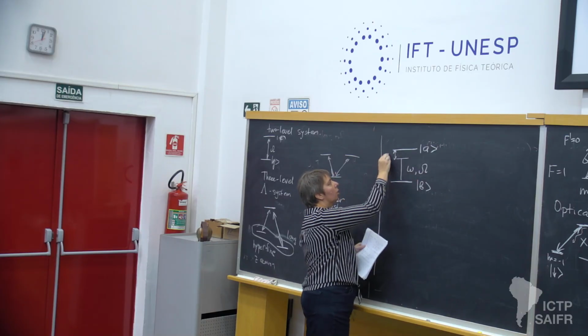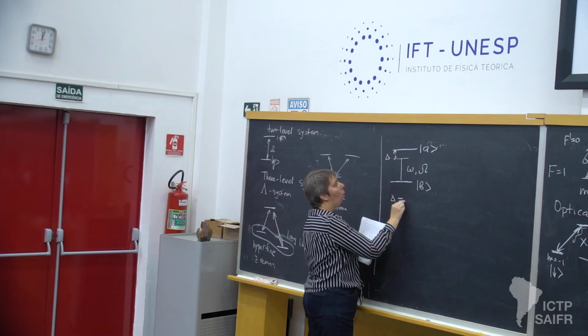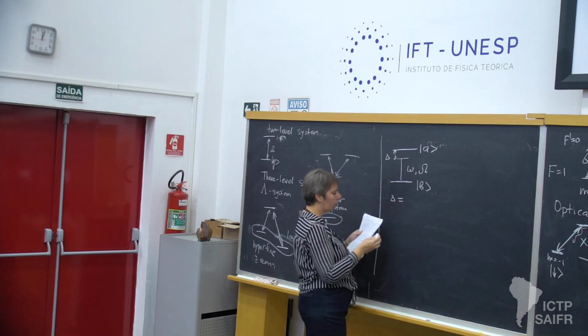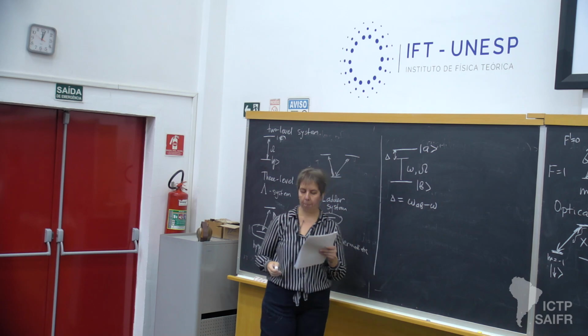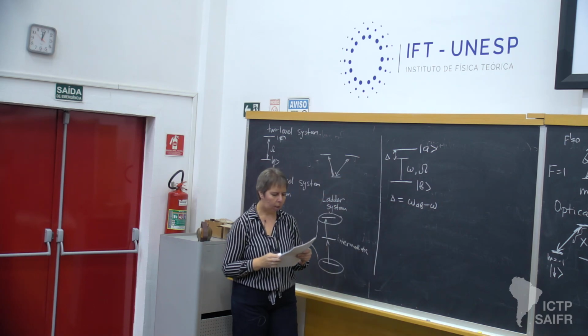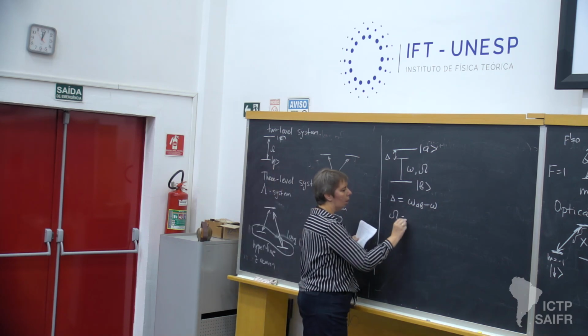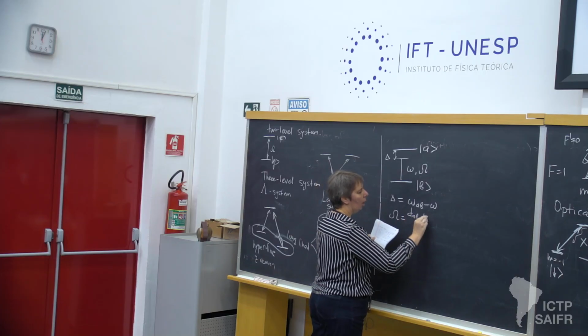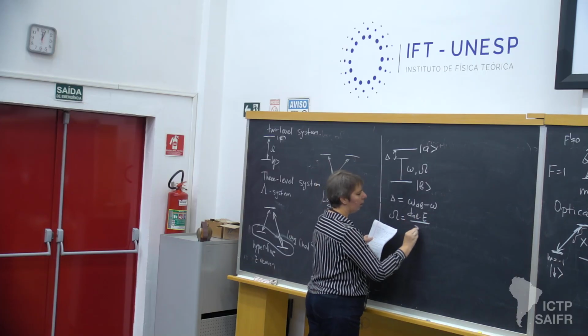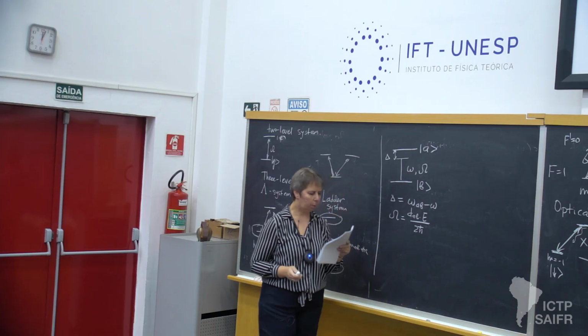We introduce the detuning of the laser from the atomic transition, delta equals omega_AB minus omega. Again, the Rabi frequency here is going to be the strength of the transition times the amplitude of the electric field, divided by 2 h bar.